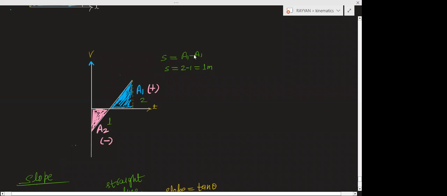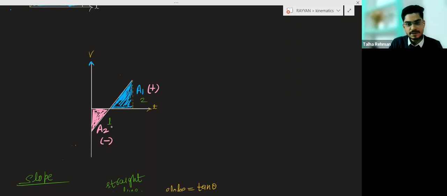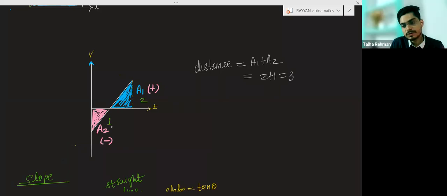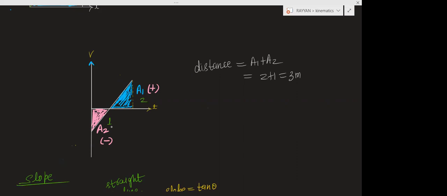For example, this area is 2, this area is 1. If someone is asking what is distance, it will be A1 plus A2, and A1 is 2 and A2 is 1, so it will become 3 meter. And what is displacement?